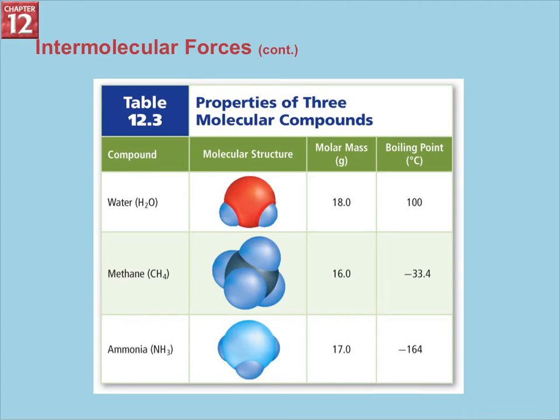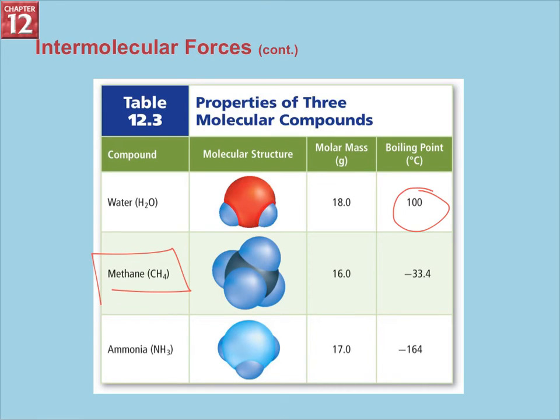Properties of three molecular compounds. This is again in your book, table 12.3. And if you look here at the molecular structure and the molar masses and the boiling points, you will see the difference in these properties. So if you look first at water, okay, water's bent, it has a boiling point of 100 degrees versus methane, okay, CH4.